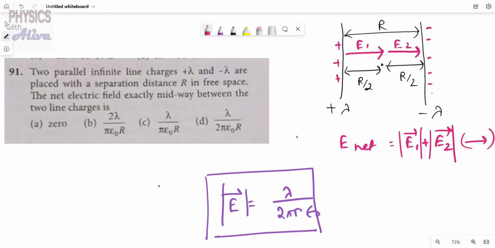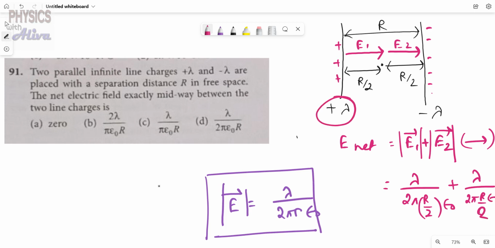So for E1, what will be the electric field? Lambda by 2 pi, here the distance is R by 2, epsilon naught. And for the second one, the magnitude of the electric field will be exactly the same. For the first one, the charge is plus lambda, and for the second one, the charge is minus lambda.